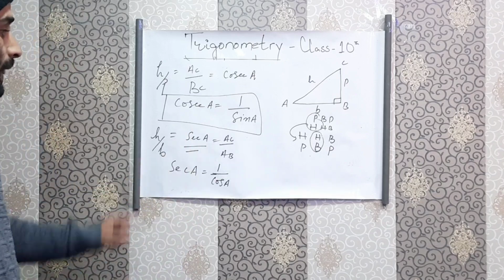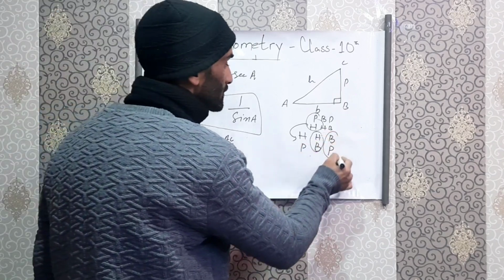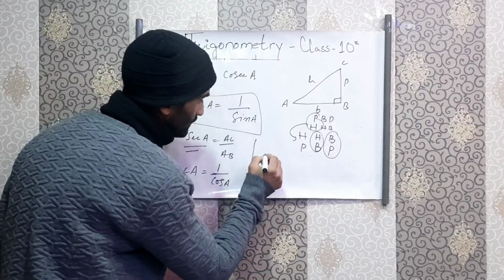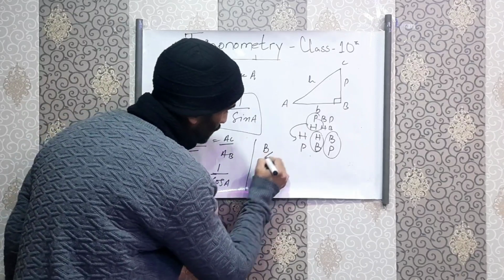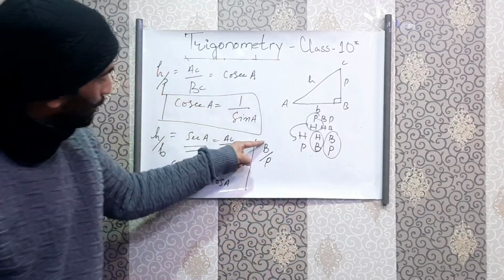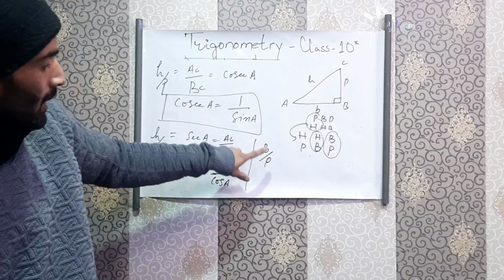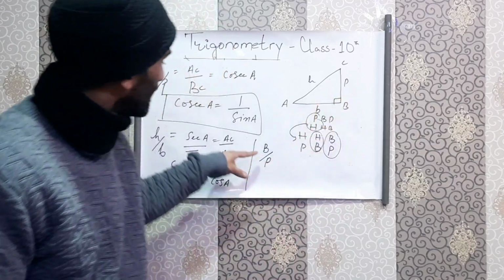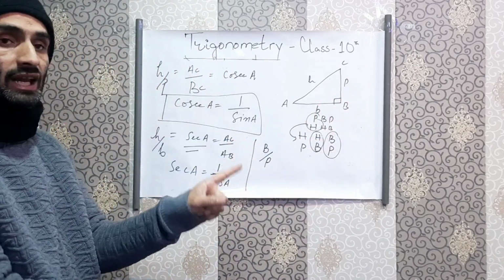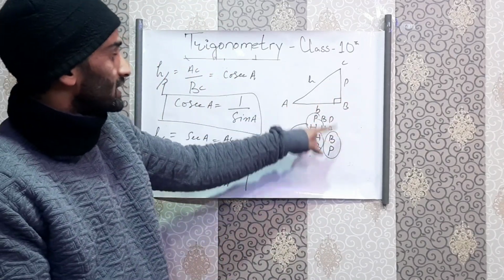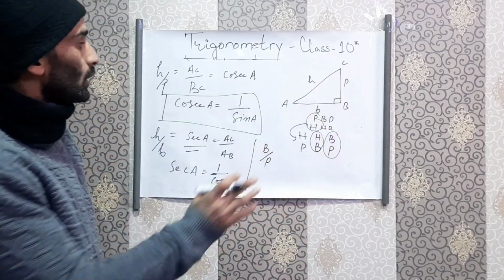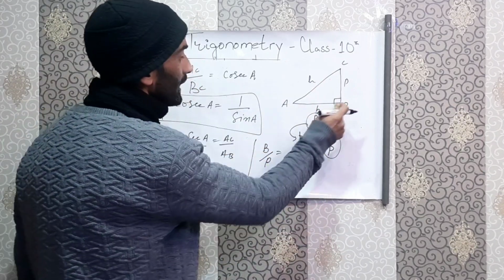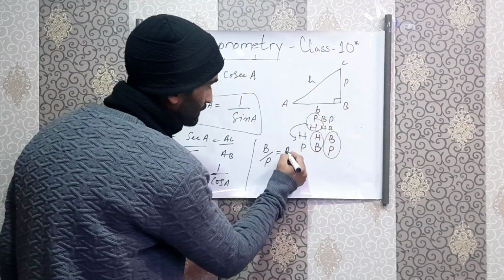Now the third one, and another one is base by perpendicular. Before this, we learned perpendicular by base. Perpendicular by base is known as tan A, but here it is base by perpendicular, the inverse or reciprocal of perpendicular by base. What's our base here? That is AB.